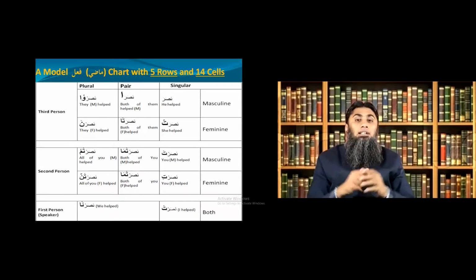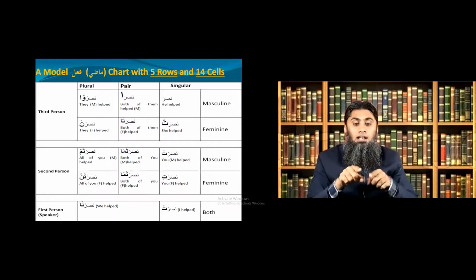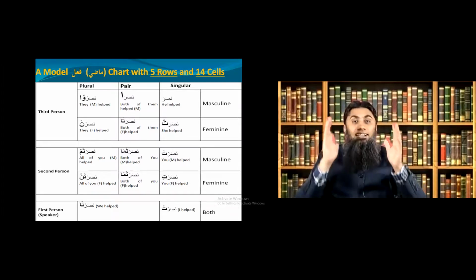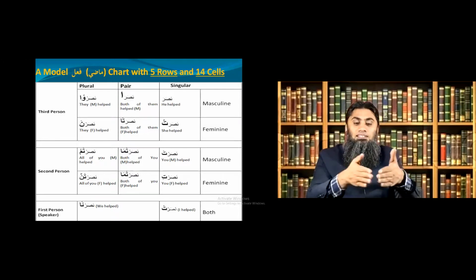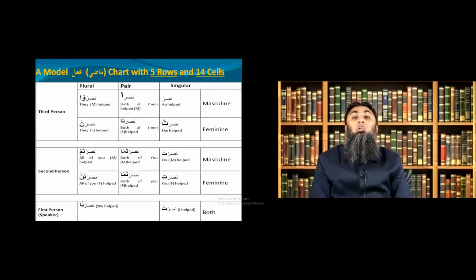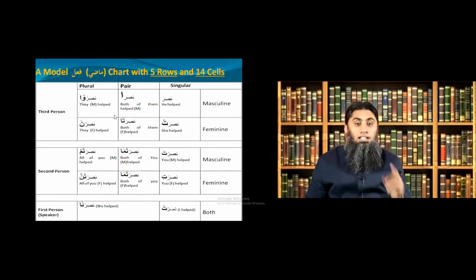As I said before, your independent pronoun chart and your fail madi chart are exactly the same in their structure. Both of them have 5 lines and 14 cells. As I said before, the reason for this chart is that you can know the doer of the action. That's the whole purpose of this chart. Let's suppose you want to know who's the doer of cell number 6, for example: 1, 2, 3, 4, 5, 6.